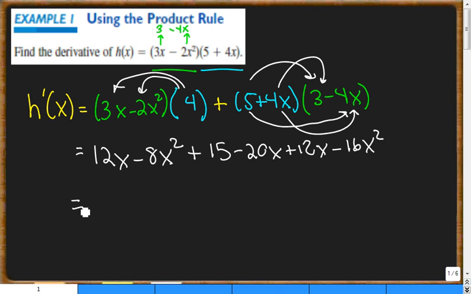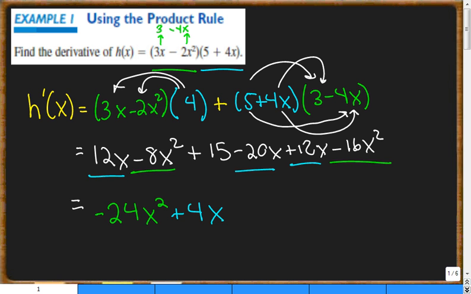And then just have to combine like terms. So my negative 8x squared and my negative 16x squared makes negative 24x squared. I then have 12x minus 20x plus 12x. You should get a positive 4x there.